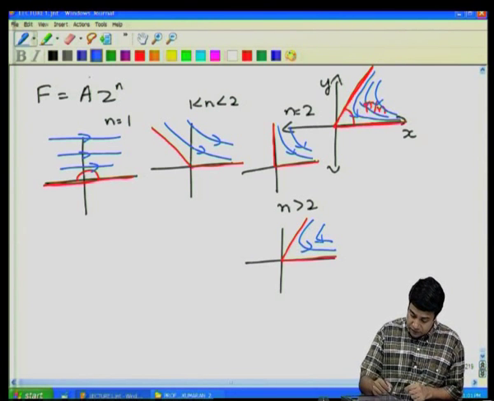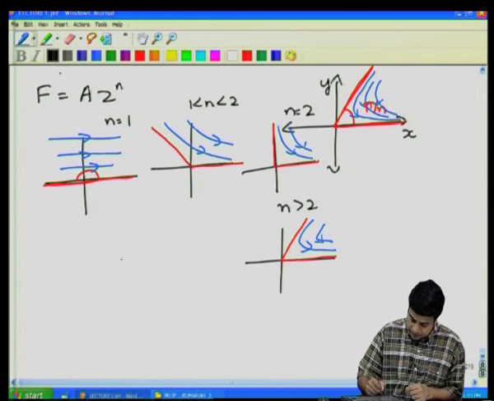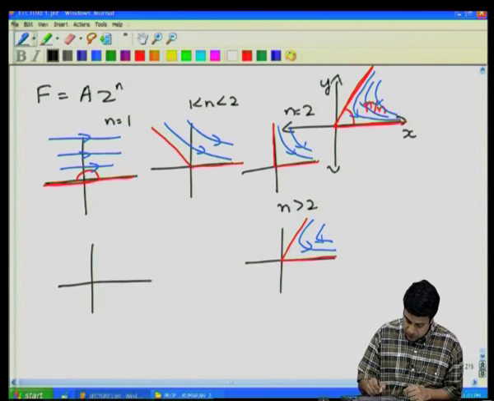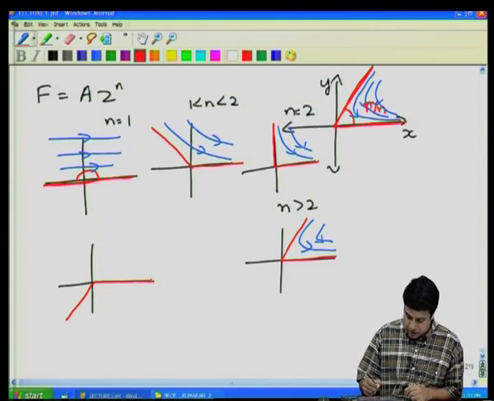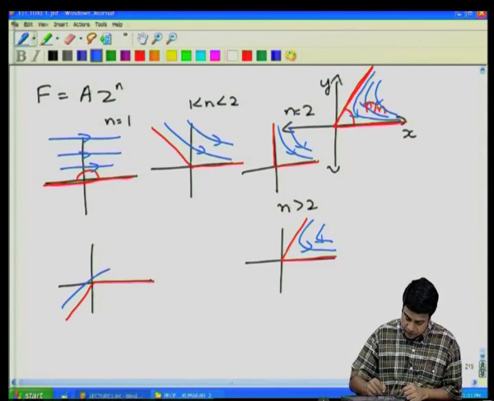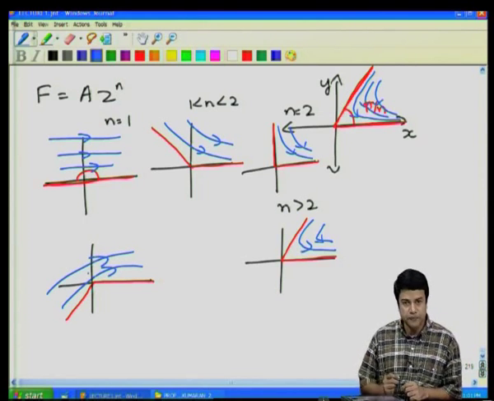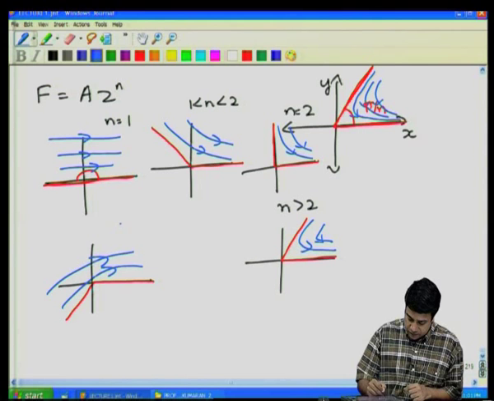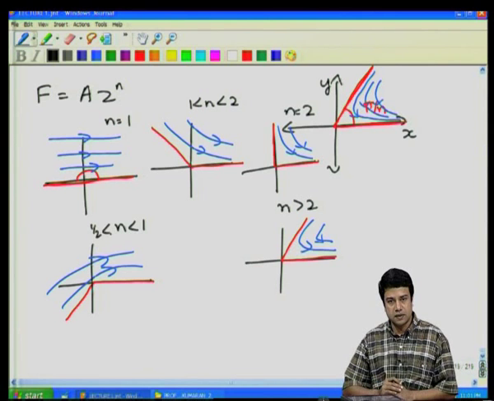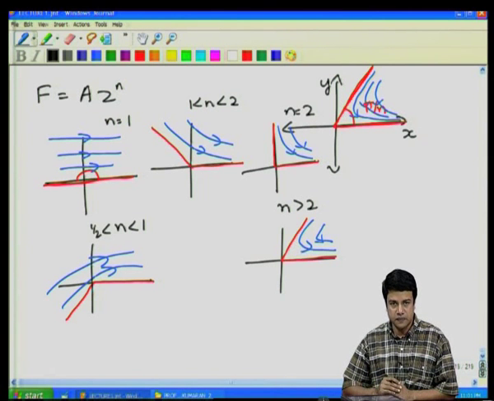And one can have n less than 1 as well. In the case of n less than 1, you get a corner whose angle is greater than pi, and the velocity field looks something like this. And the minimum value of n is a half. Okay, so this is n less than 1. The minimum value of n is a half, at which the angle is perfectly pi. Okay.